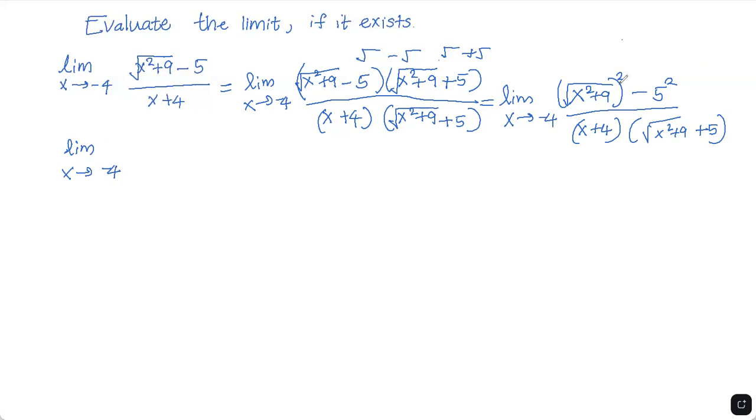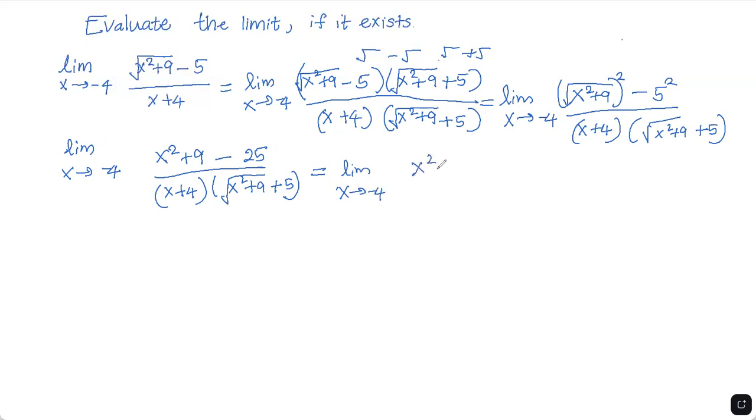So here you have difference of two squares, and you can write this one as x square plus 9, right? Square root of x square plus 9 to the power 2 is x square plus 9 minus 25. 5 square is 25, divided by x plus 4 times square root of x square plus 9 plus 5, which equals limit x goes to -4.